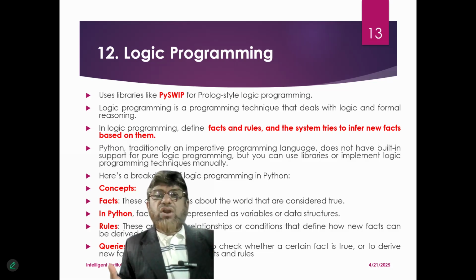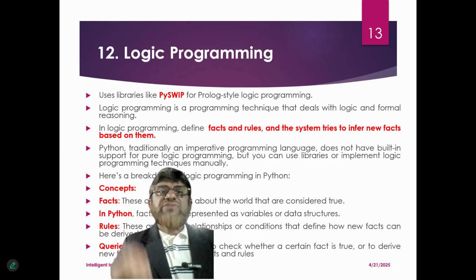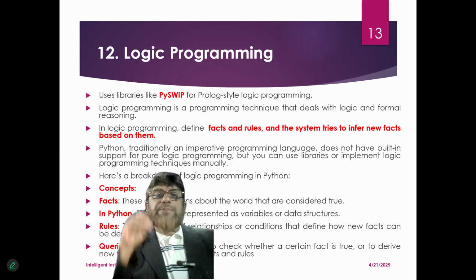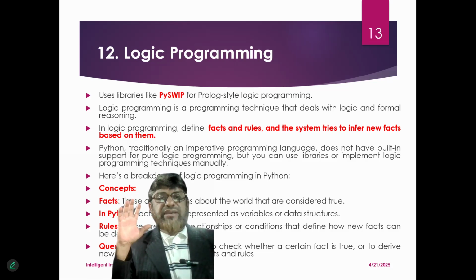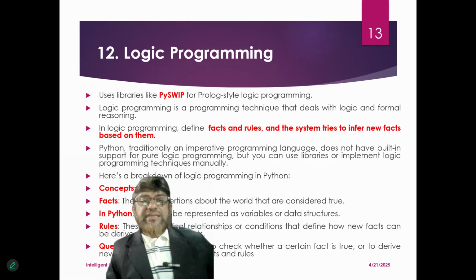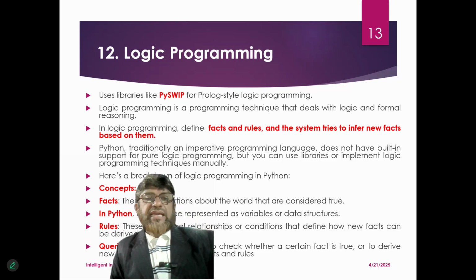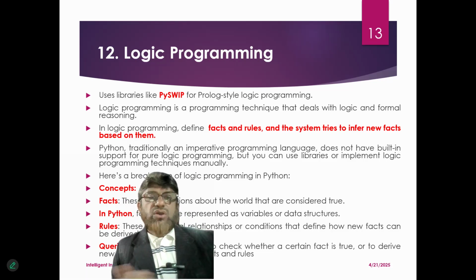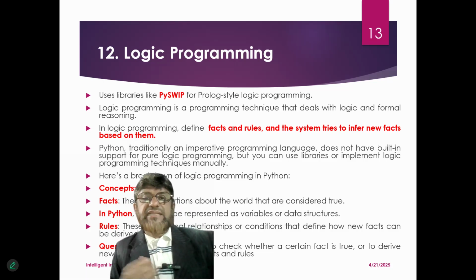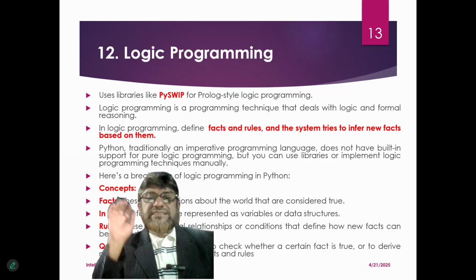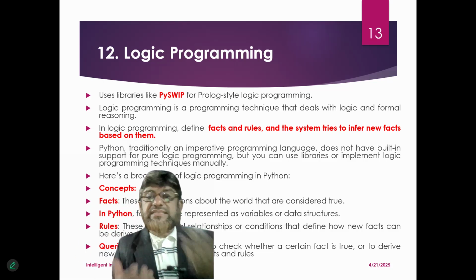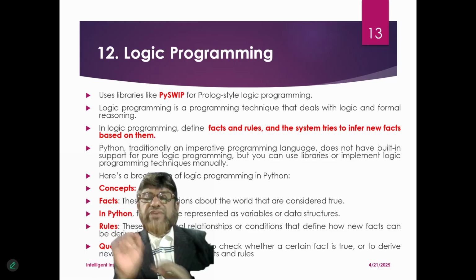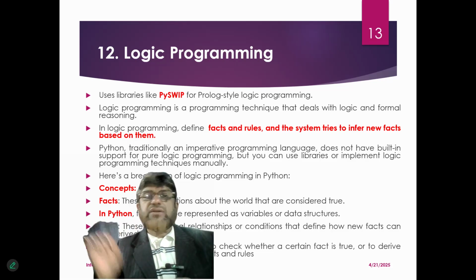Any facts or any rules we can easily construct with the help of these libraries, which are called PySwip libraries. Fine. So our task will become easy, whether we are generating facts, constructing rules, or writing queries, with the help of FOPL, first order predicate logic.